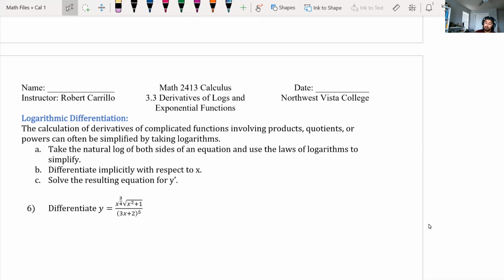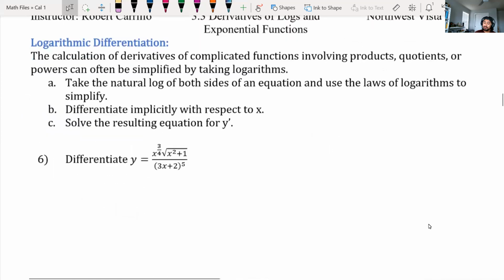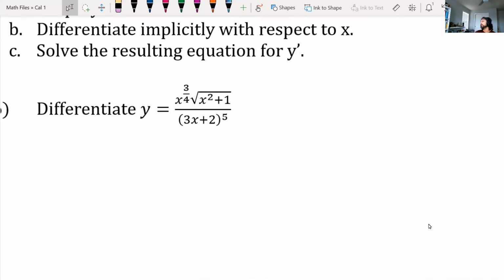Okay. Because if you look at number 6, if you did not know about logarithmic differentiation, what derivative rules would you be applying to this problem? Everything. It'd be a quotient, and then the numerator would be a product, and it would be a product with a chain rule, which is just going to be very miserable, also because of that power of 3/4.